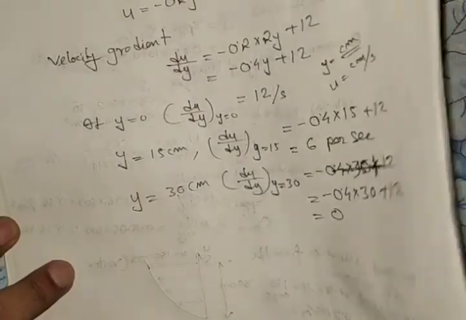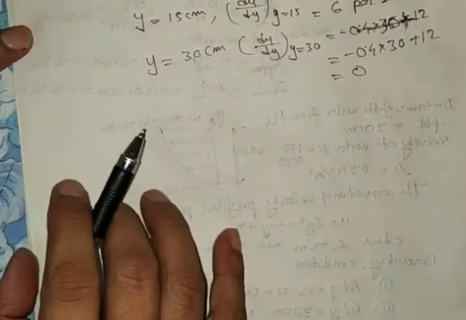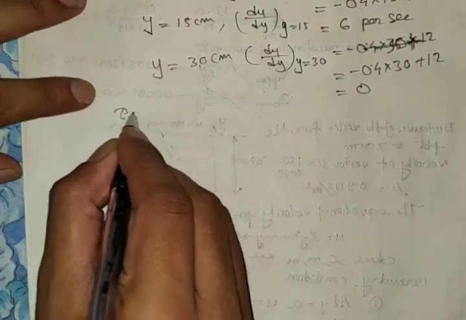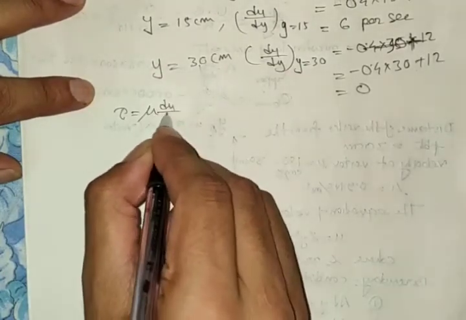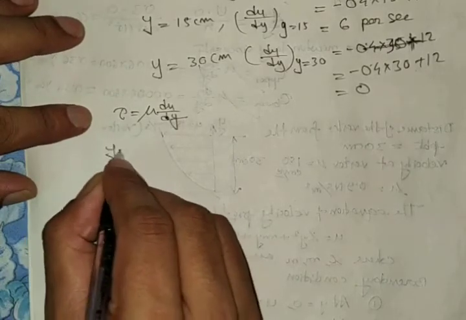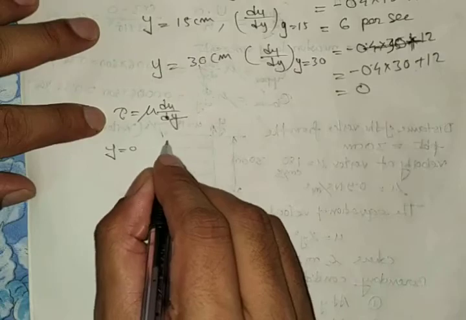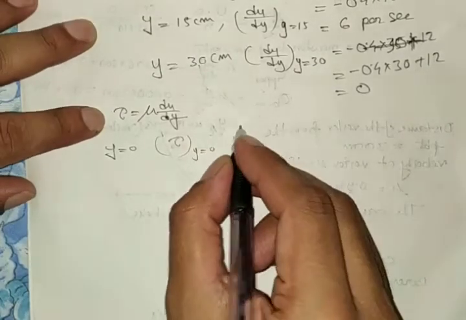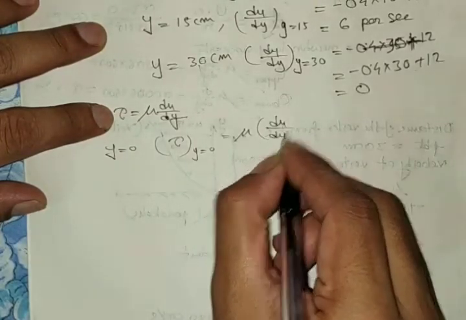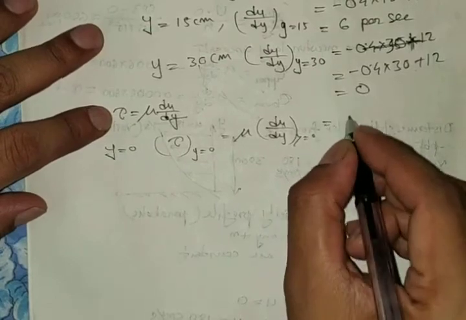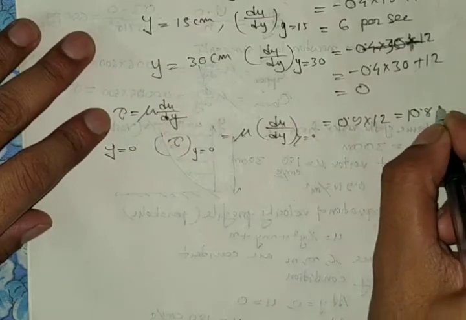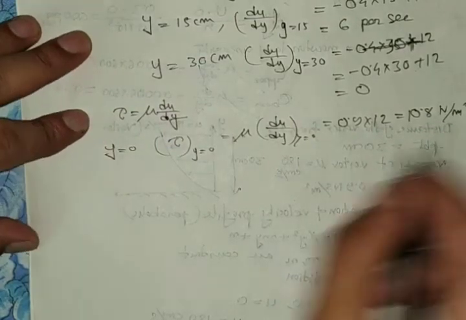Now you have to find out shear stress. As you know, tau is equal to mu del u by del y. So at y is equal to 0, tau is equal to mu del u by del y at y is equal to 0, which is equal to 0.9 into 12, which is 10.8 Newton per meter square.